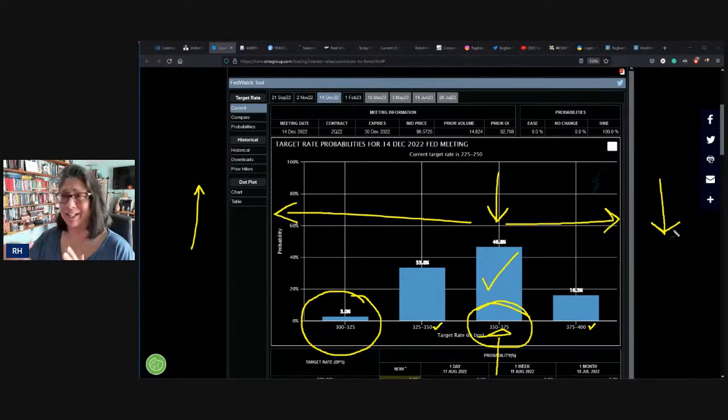That's hawkish, that's tightening, and all this other technobabble that we love in trading and investing. To the right, towards 375 to 400, equities will weaken. If we stay at 350 to 375 or move towards 325 to 350, even that 300 column showing up, it's good for equities. Gang, the path of least resistance is up.